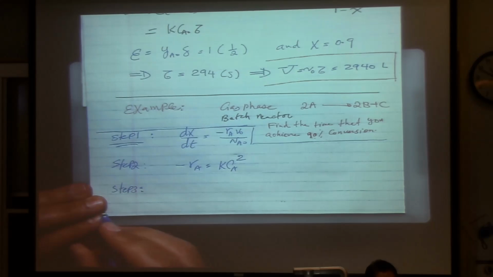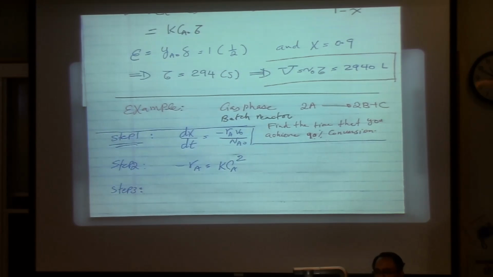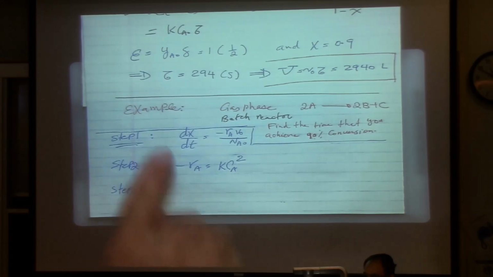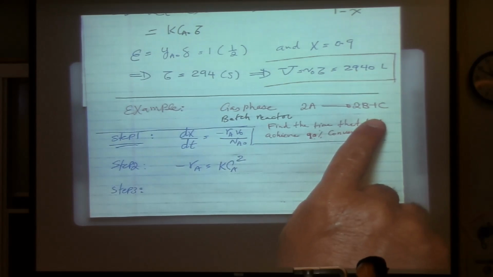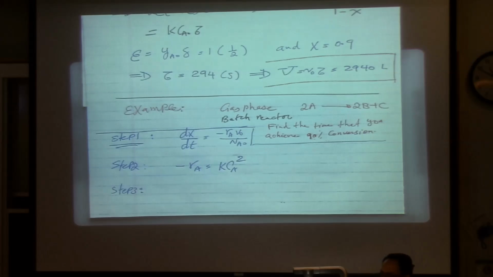your stoichiometry. So what's the stoichiometry in this case? Look, you have a gas phase, you have a batch reactor, and you have a change of the moles. So what is the stoichiometry here? CA0 times 1 plus epsilon X. What is epsilon here?